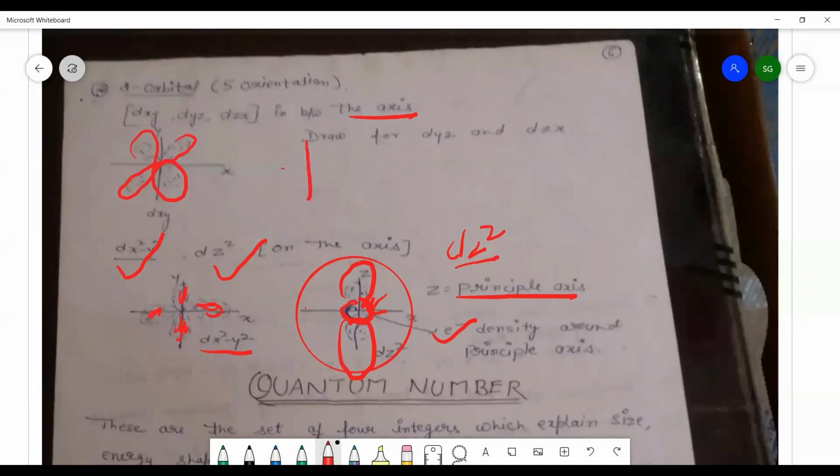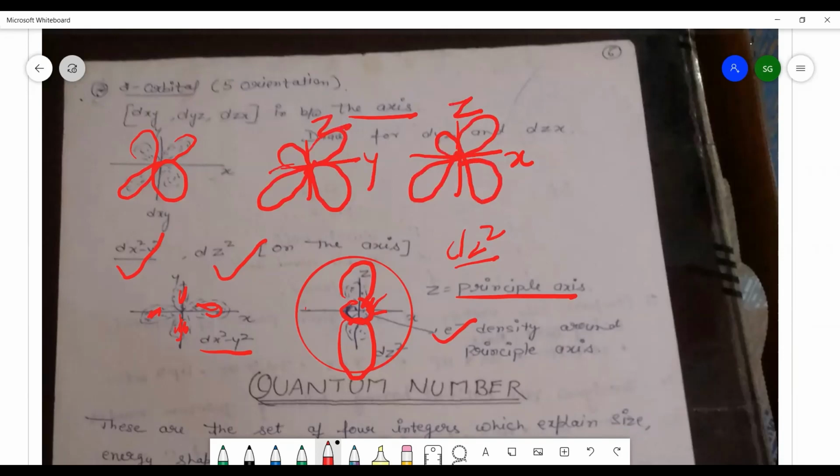If it is the yz orbital, the alignment will be in between the y and z axes. Similarly, for the xz or zx orbital, they will be aligned in this manner. In that case, the electron density is maximum on the axis, so those have the lower energy, and these have the higher energy.